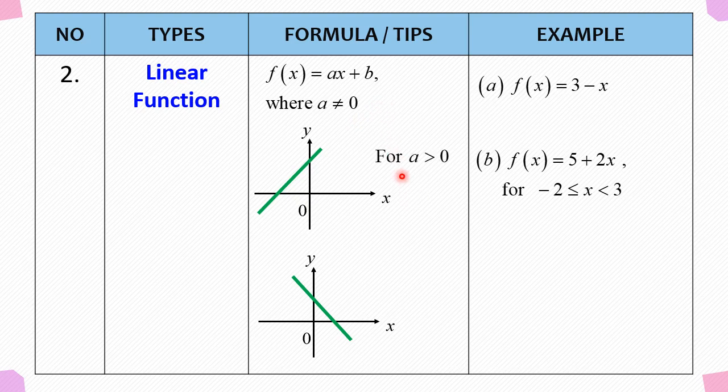First, we consider a greater than 0. Looking at the graph, it is a straight line slanting to the left, and for a less than 0, we have a straight line slanting to the right.